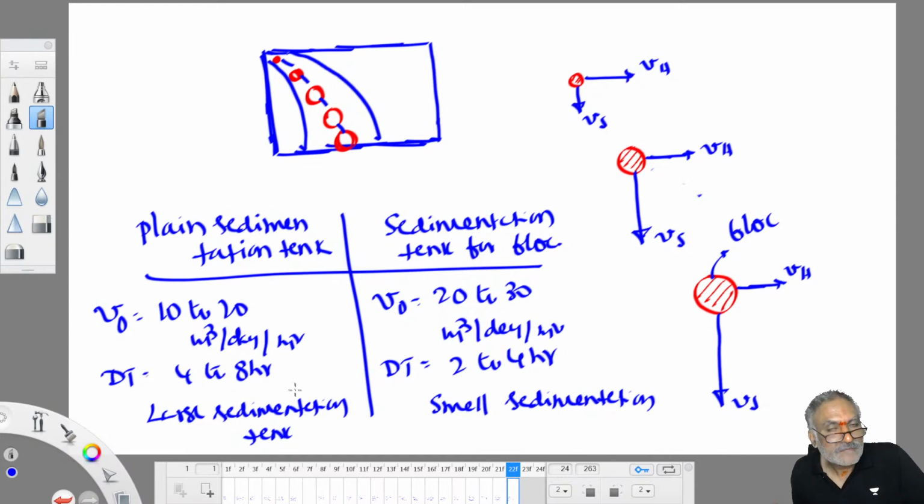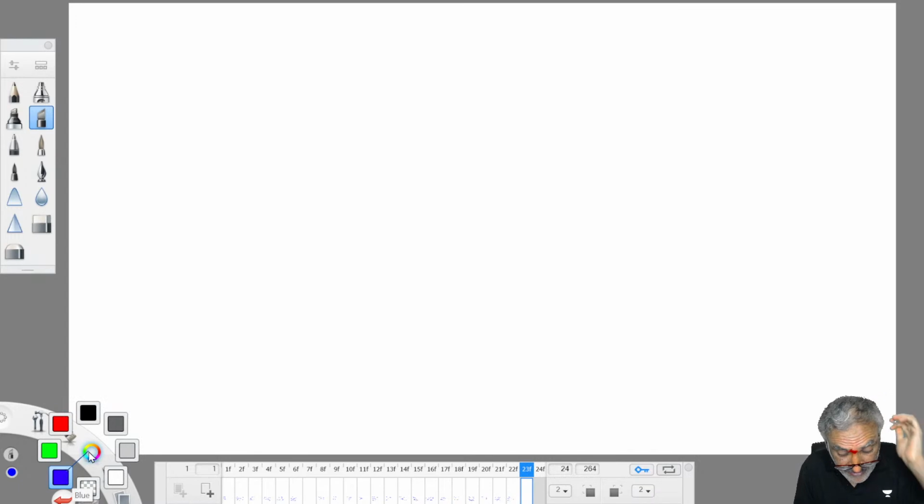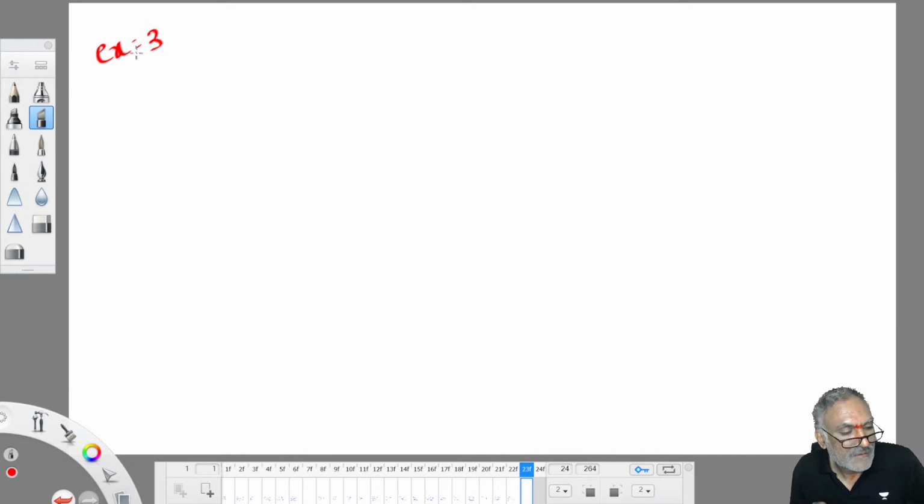Understood? So let us try one GATE question. This question has been asked in GATE exam. So simple and so easy. It is a 2 marks question in GATE exam. This question was asked in GATE 2014, not GATE 2012.